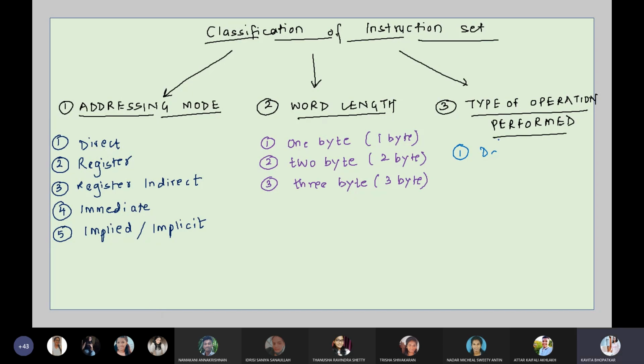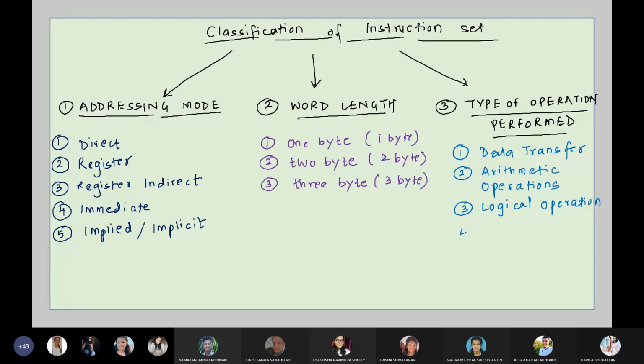Second is arithmetic operations. Third is logical operations. Fourth, branching group. And fifth, machine control.